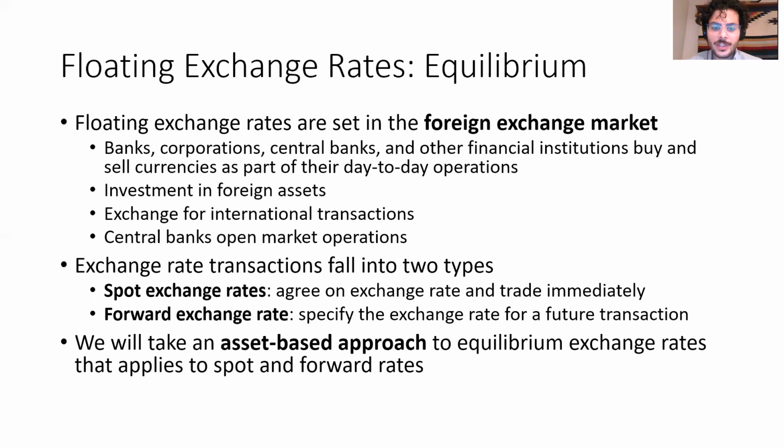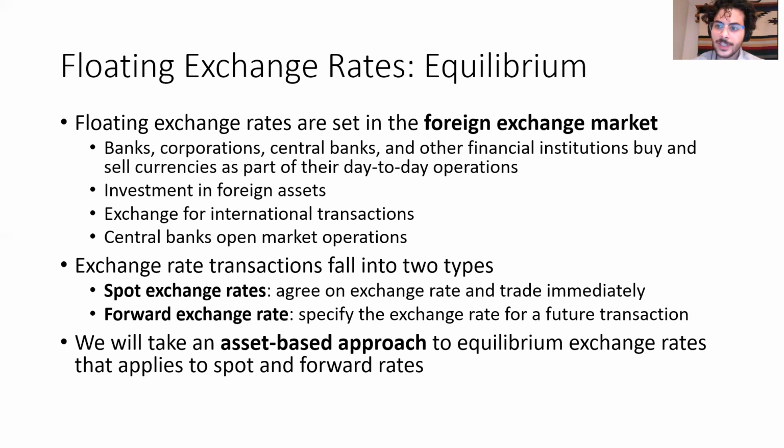Exchange rate transactions, or exchange rates themselves, are going to fall into two types. We have spot exchange rates, which is the current exchange rate at this moment in time. Parties will agree on an exchange rate and trade at that rate immediately. Or we have forward exchange rates.